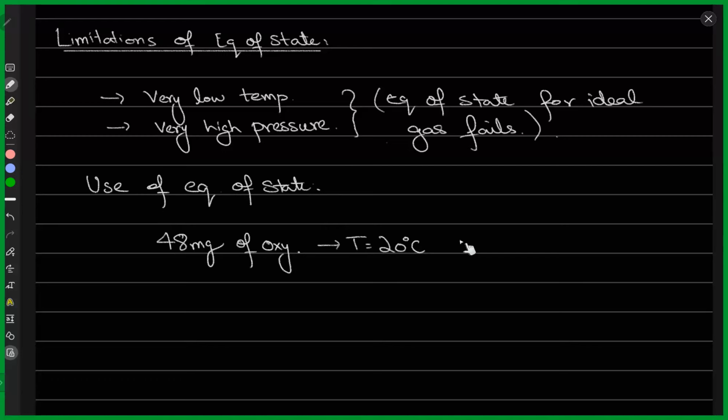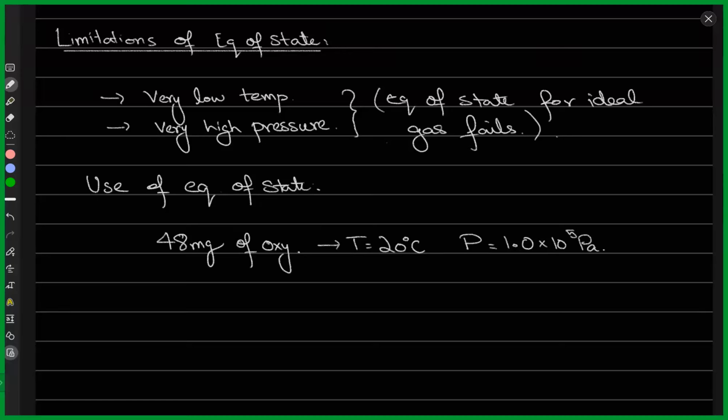And suppose the pressure where this 48 milligrams of oxygen is, is 1.0 times 10 to the 5 pascals. All right, so that's the situation.